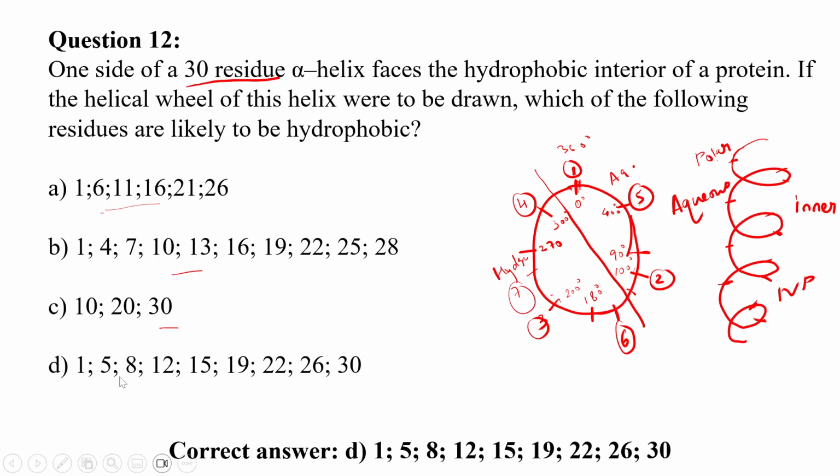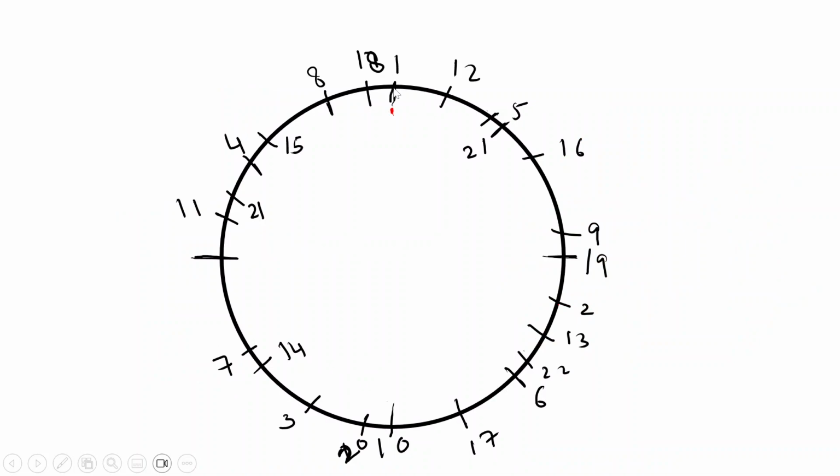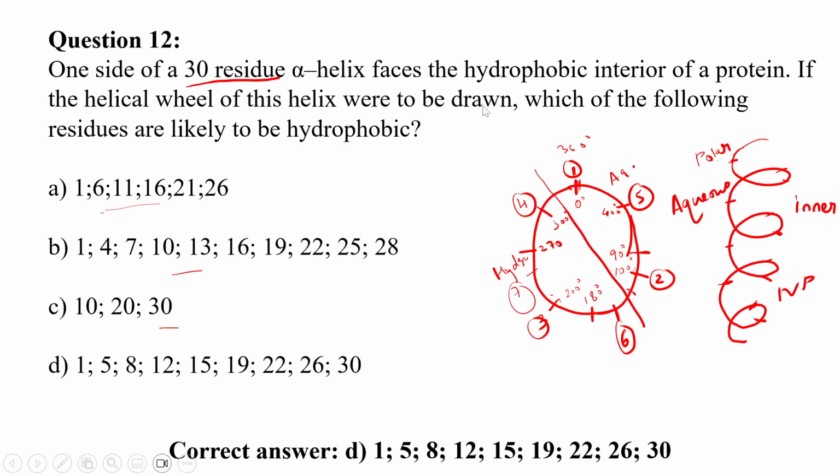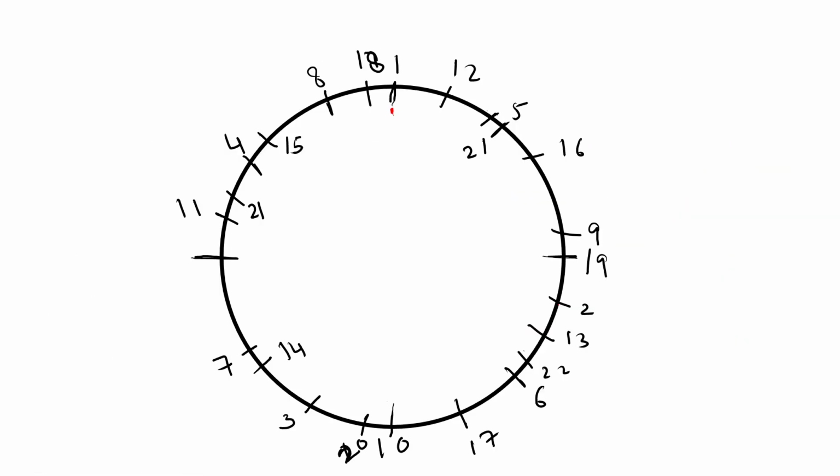If you see the fourth option, 1, 5, 8, 12, they are very close to each other. Then 15, 19, 22. Where is 15? 15 is also here. 19 is also here. 22 will also be here. So these are of the same group.